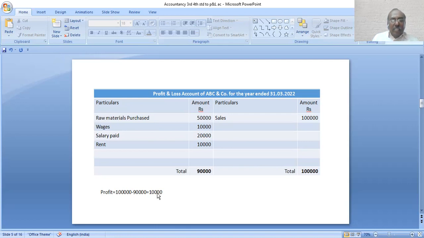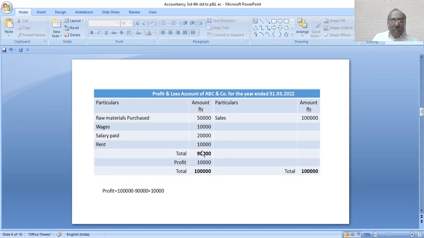Now how can we take this 10,000 profit and put it in the statement? We first find the sales total 1 lakh and expenses total 90,000. 1 lakh minus 90,000, the difference is 10,000. When you put this in, 90 plus 10, the total becomes 1 lakh automatically. So this profit information we now took into this statement.